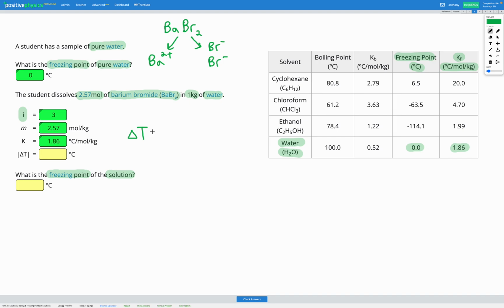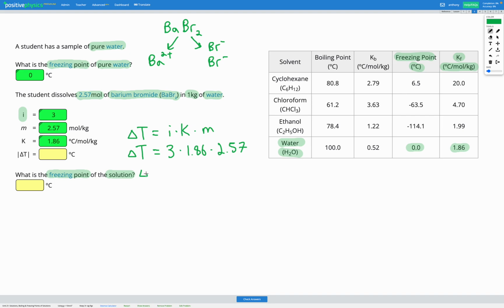Delta T equals iKm. So we're going to put in our values for i, K, and m to find the change in the temperature. It's 3 for i, 1.86 for K, and 2.57 for m. Remember, that is an italicized m. That's our molality, not the mass.